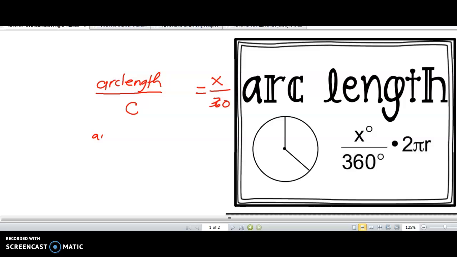So we know that the circumference is given by 2 pi r, and that is proportional to the central angle over 360. To find the arc length, we can multiply both sides by 2 pi r and use this formula here, which is x over 360 times 2 pi r, to find an arc length.